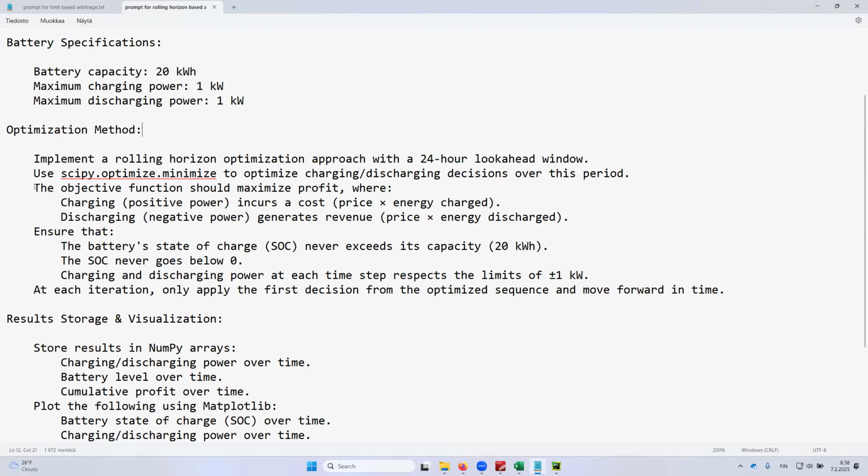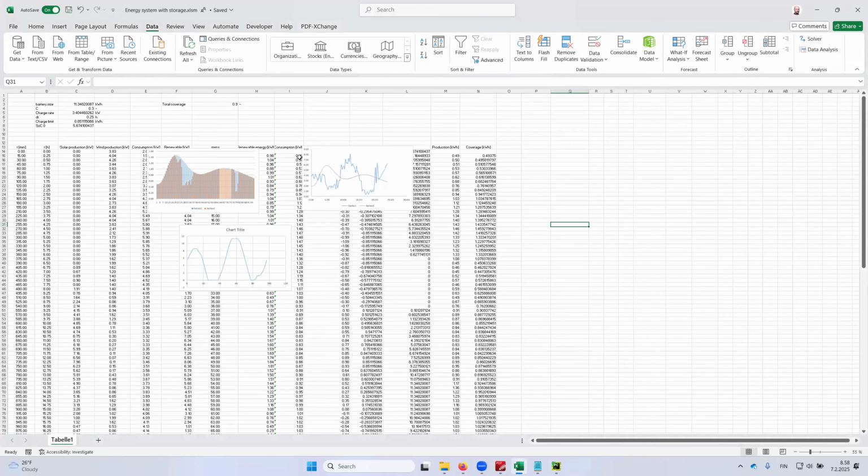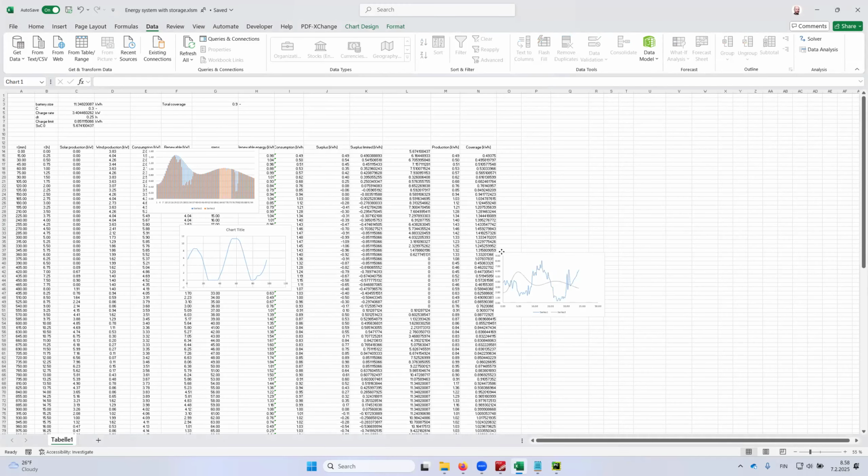So the objective function should maximize profit where charging incurs a cost and discharging generates revenue. Ensure that battery state of charge never exceeds its capacity. State of charge never goes below zero. And that was something that we determined also in here with the state of charge for our battery.